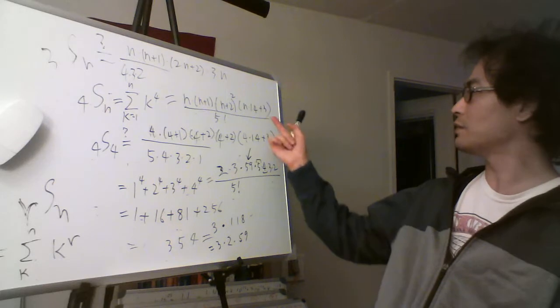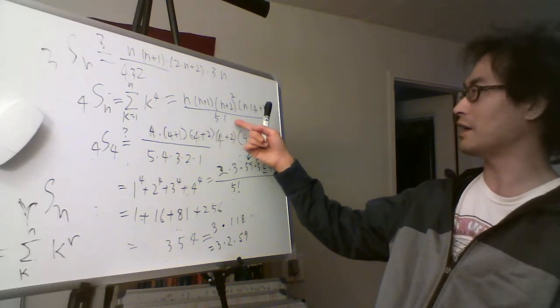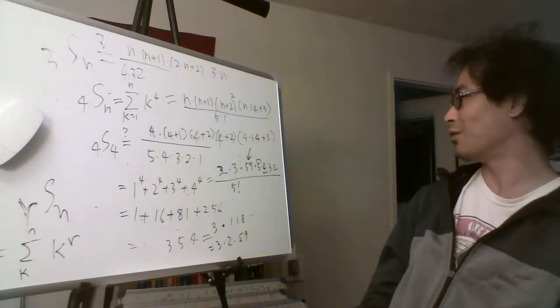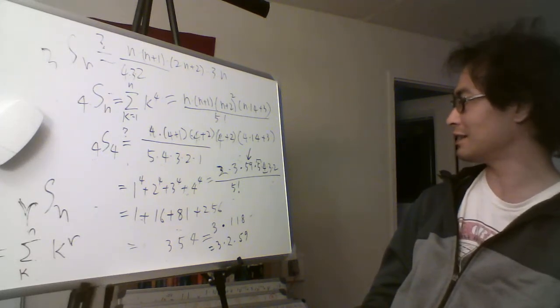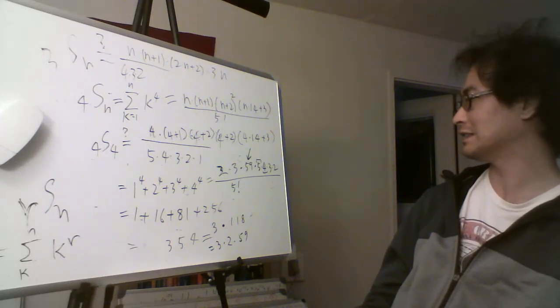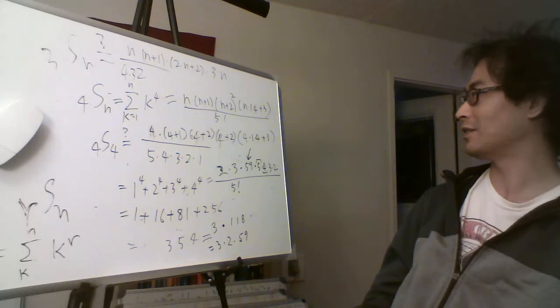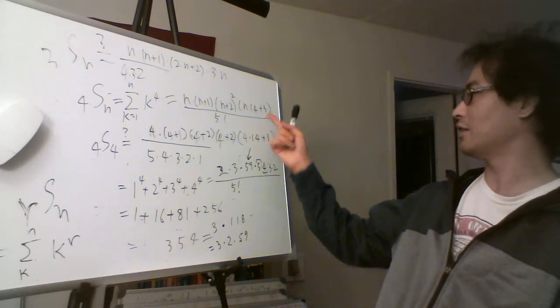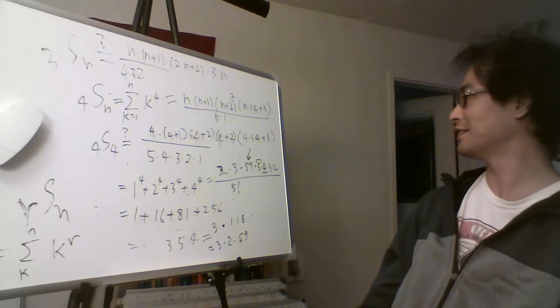Because you have 7 here and you don't have any 7 here downstairs, so it's not gonna work. Okay, so when n is equal to 1, come on. You have 17, come on, it's not gonna work.